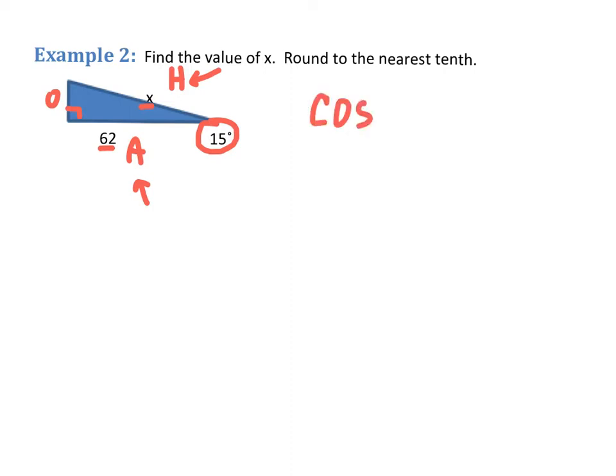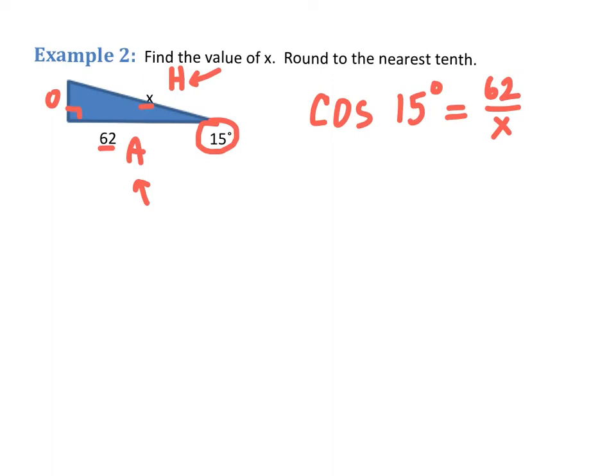If you said cosine, you are correct. The cosine is the trig function that uses the ratio of the adjacent side to the hypotenuse. So to set up our problem using cosine, we are going to take the cosine of our angle, which is 15 degrees, set it equal to the ratio adjacent over hypotenuse, which is 62 over x.